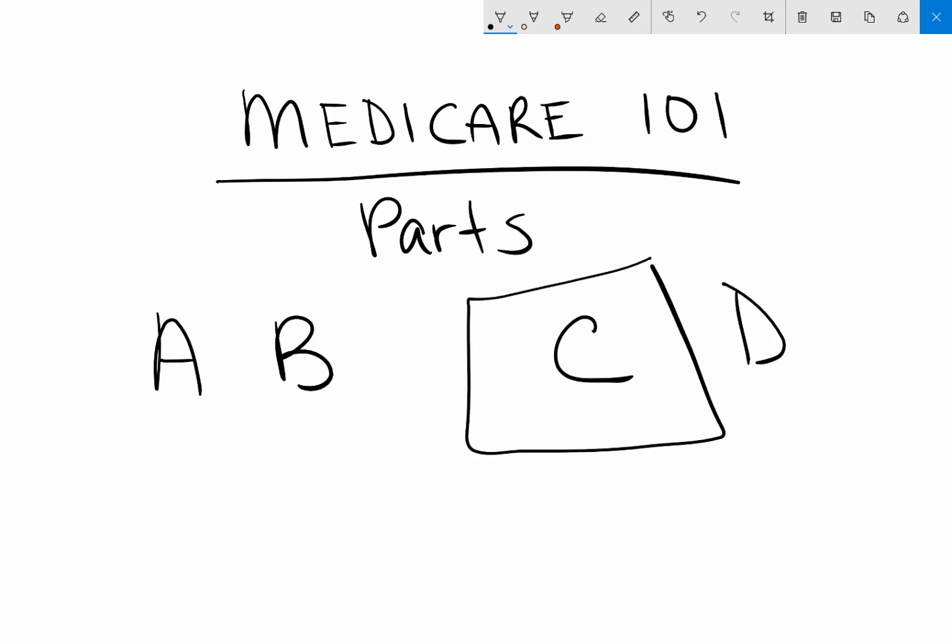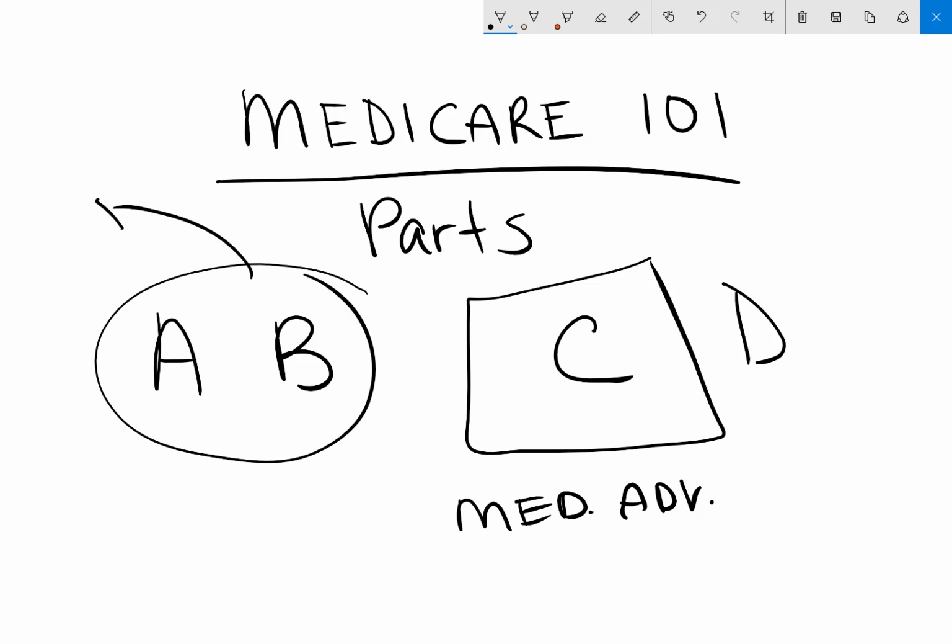For Part C of Medicare, this is what is called a Medicare Advantage Plan. This is where someone will transfer their benefits of original Medicare out to an insurance company. A lot of popular choices is United Healthcare. Aetna has plans that are Medicare Advantage plans, Cigna as well.